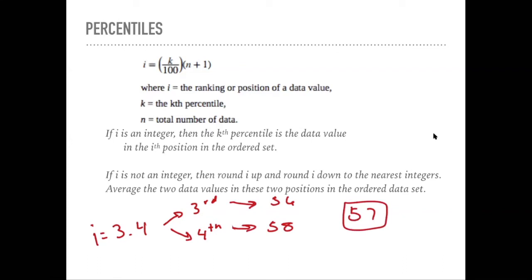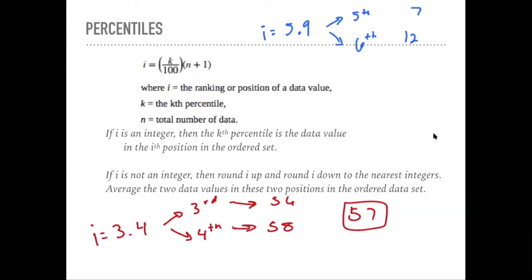I'll give you another example here. What if we found that I was 5.9? If I was 5.9, that means we're looking in the fifth position and the sixth position. So maybe the fifth value was 7 and the sixth value was maybe 12.